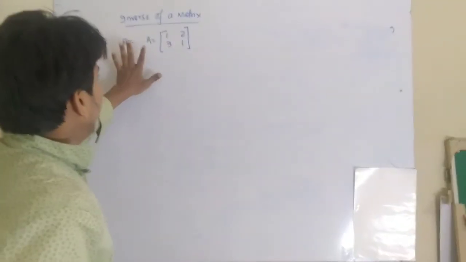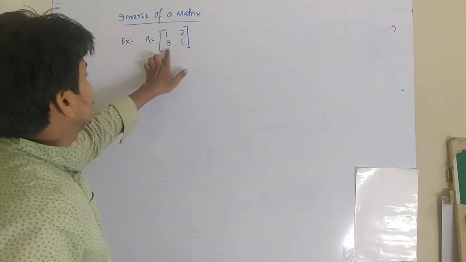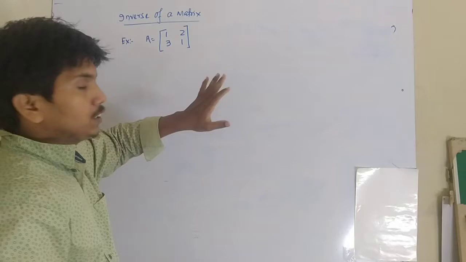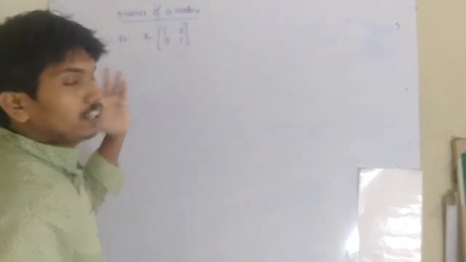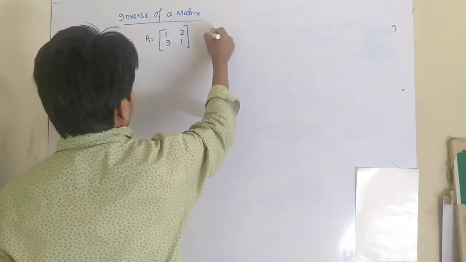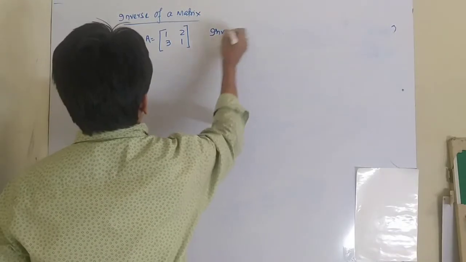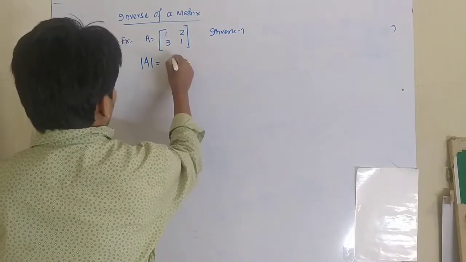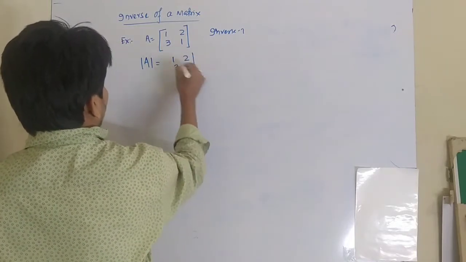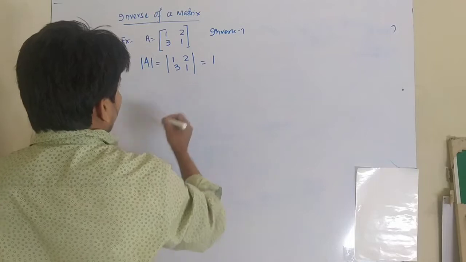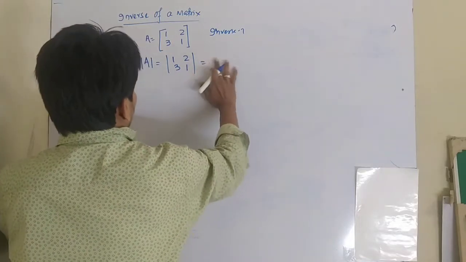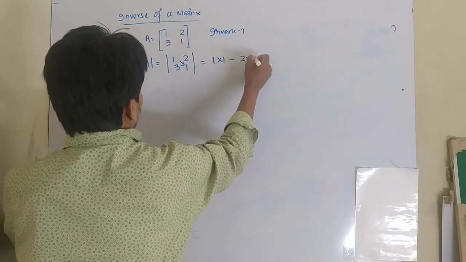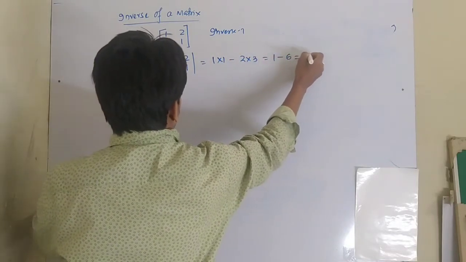Here is the example. A is equal to [1 2; 3 1]. This is a second order matrix, a 2 cross 2 matrix, and here you have to find the inverse. Now what is the value of determinant A? It is 1 into 1 minus 2 into 3, that means 1 minus 6, which is minus 5.